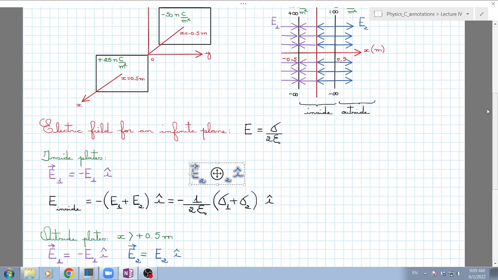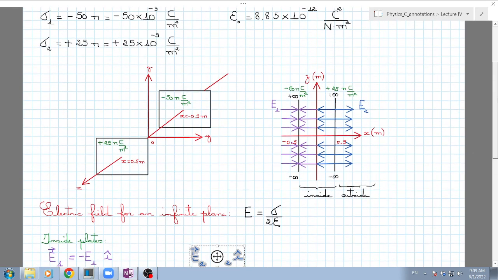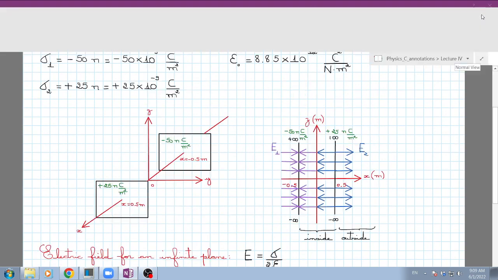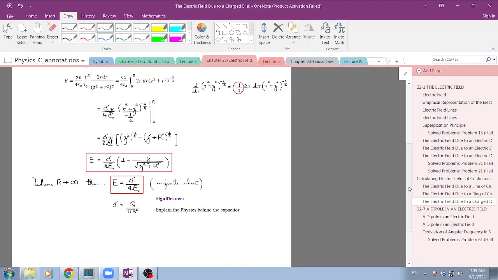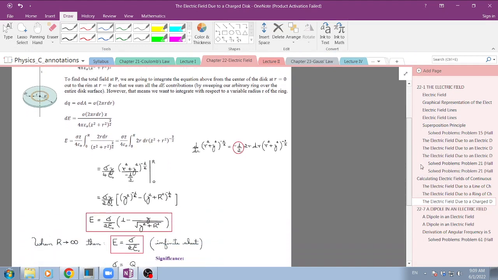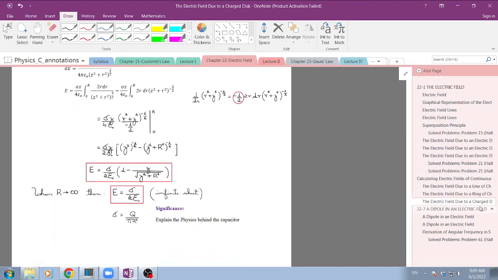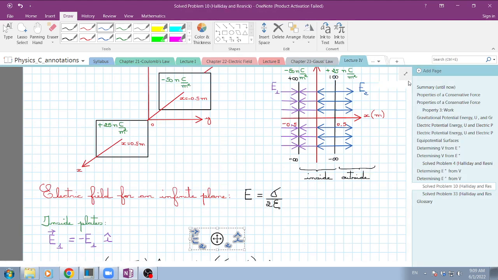For this plate, you mean? For one plate. Yeah. Ah, I see what you mean. Yeah, maybe I made a mistake there. Or maybe I made a mistake in the factor.